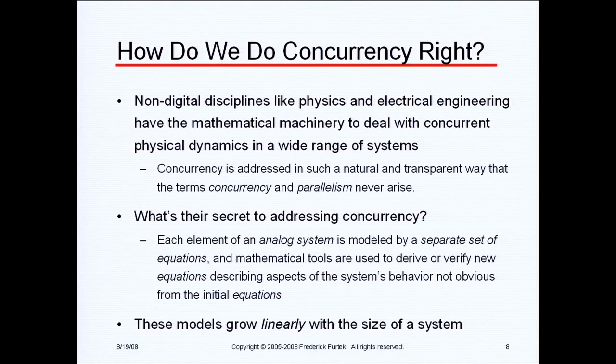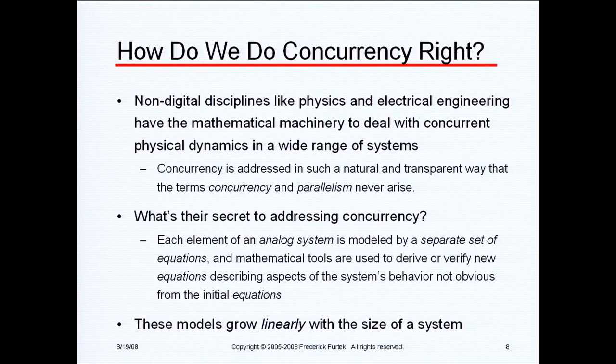And all of the systems we studied, both in physics and electrical engineering, innumerable courses I took in those areas, everything we studied involved concurrent systems. And yet the terms concurrency and parallelism never arose. That's because concurrency was handled in a natural and a transparent way.